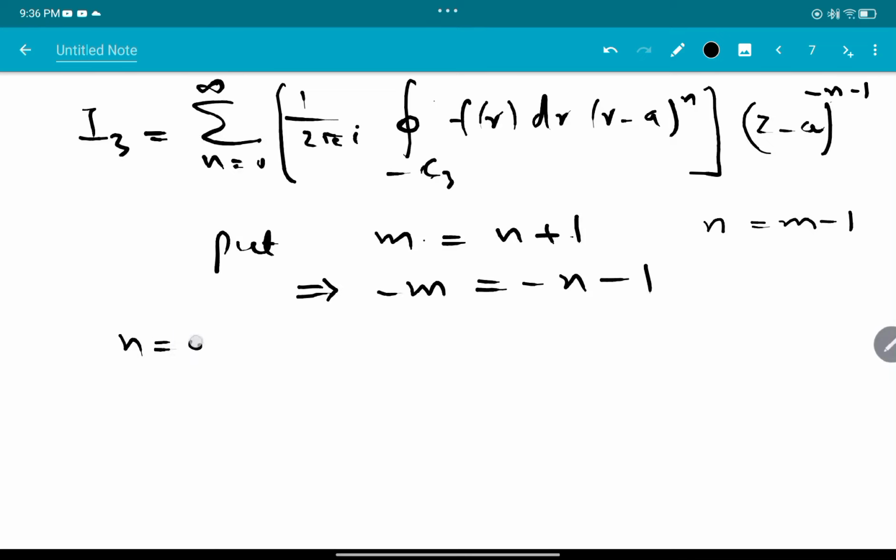When n is equal to 0, m is equal to 0 plus 1, that is 1. And when n is equal to infinity, m will also be infinity. But this is not the substitution that I require. It will prove of no value for simplification of this.